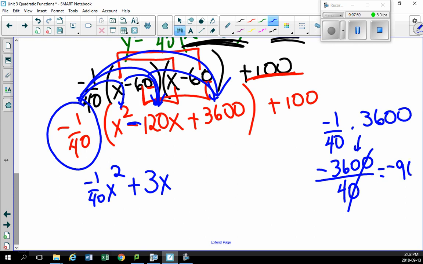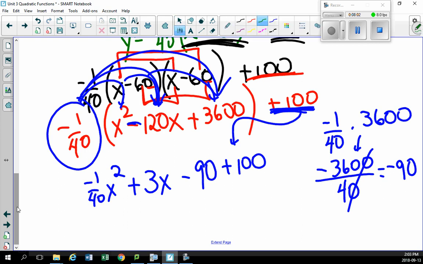With that extra 0, there we go, it's negative 90. But uh-oh, we forgot this guy. It has to go here as well, which was plus 100. All right, let's finish this off. So we got negative 1/40th x squared plus 3x plus 10.